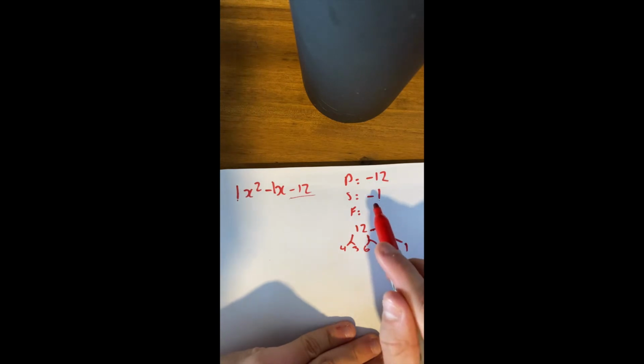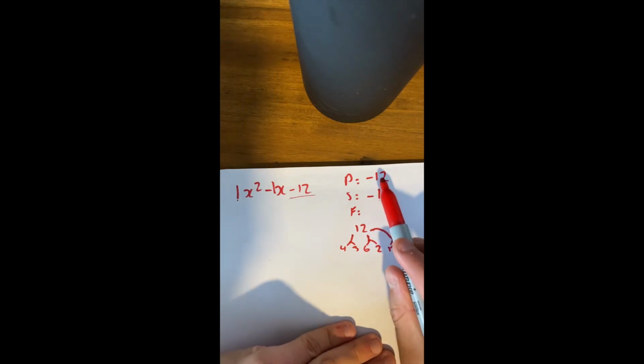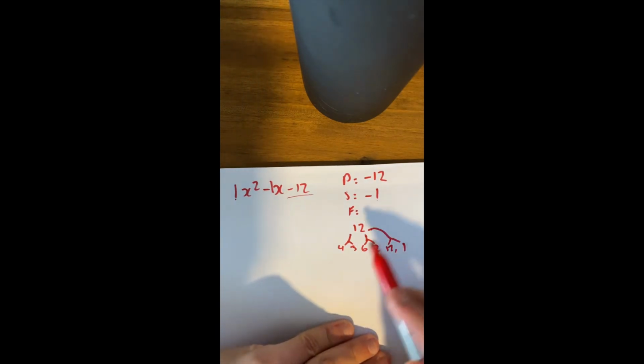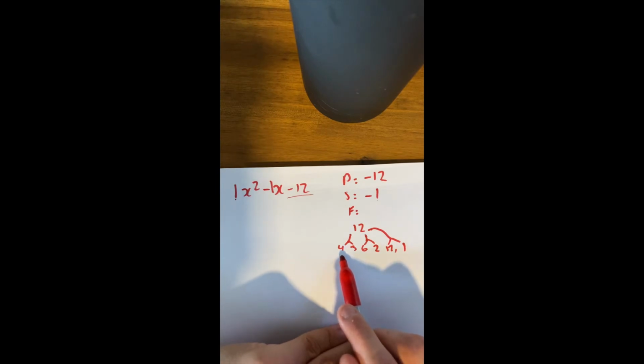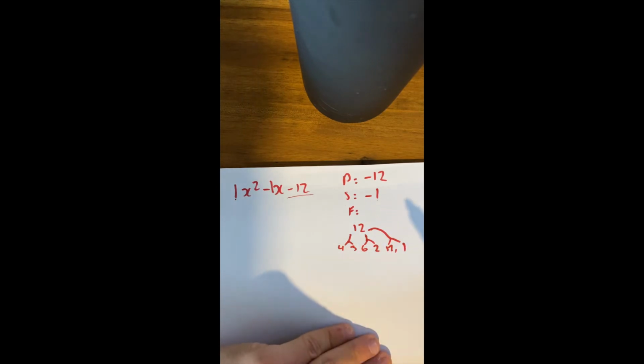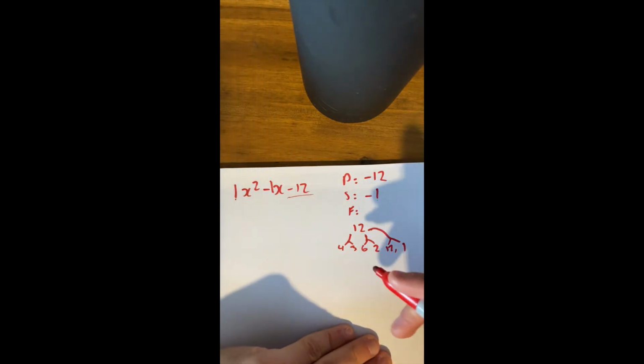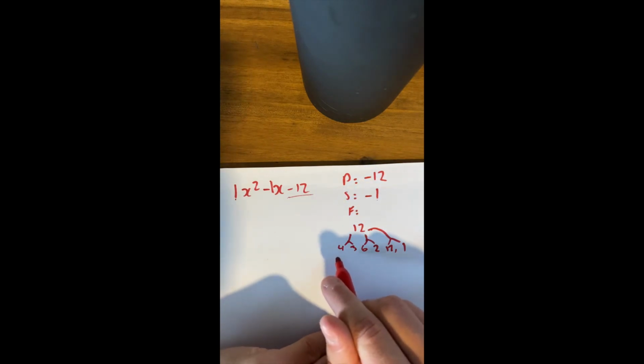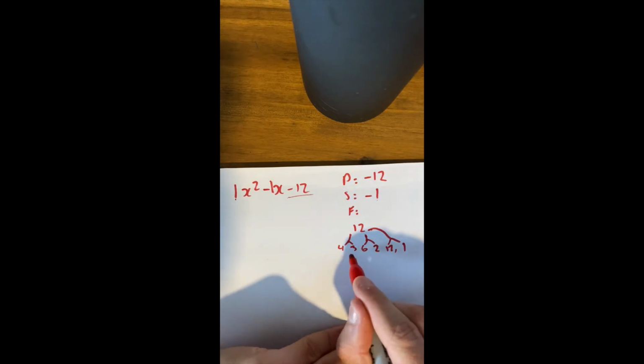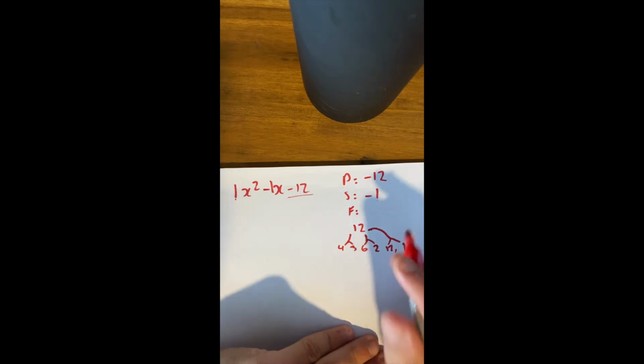However, they need to add to give -1, while also multiplying to give -12. So that means we have to change the sign of either 4 or 3, as in make one negative and keep the other positive. So if we look at this, if we make 4 negative, we can see that -4 plus 3 will be -1.